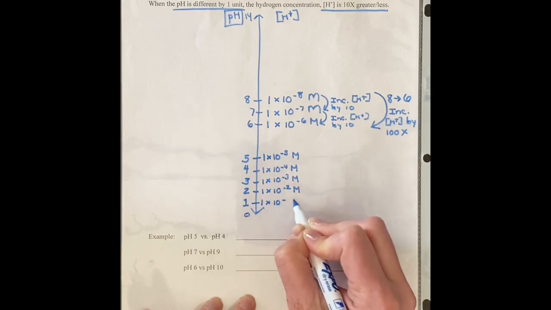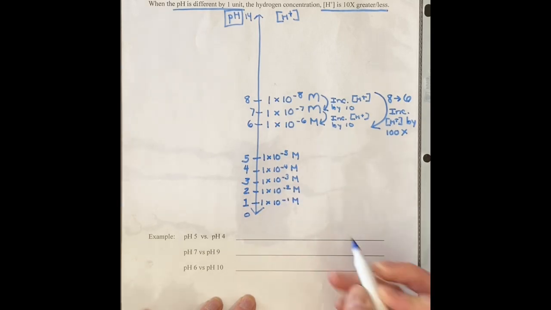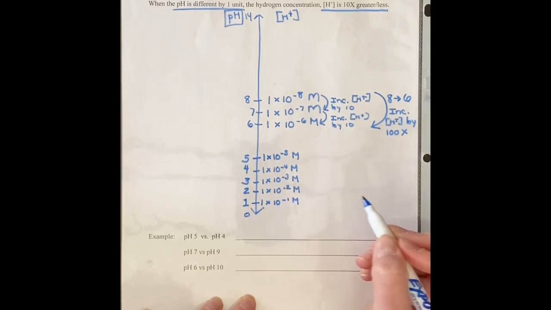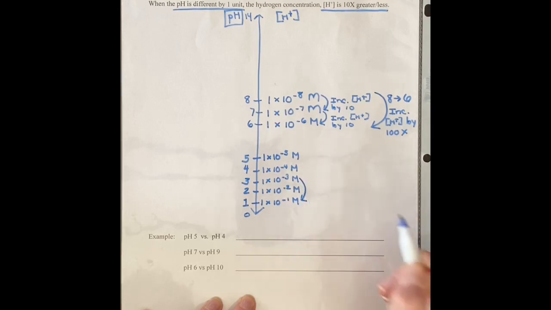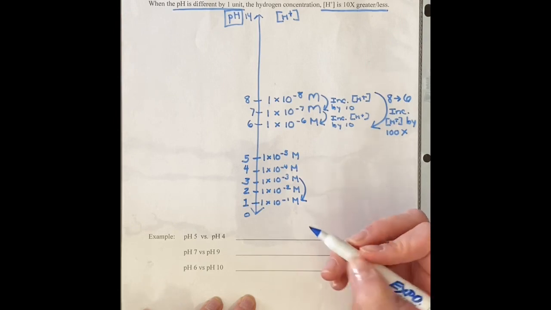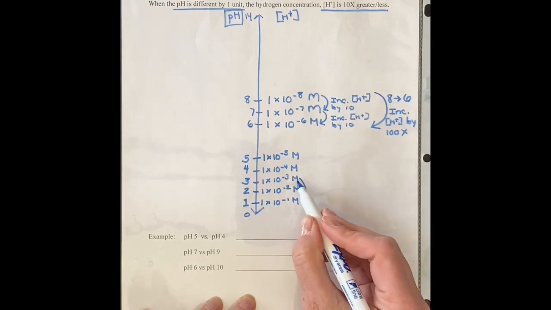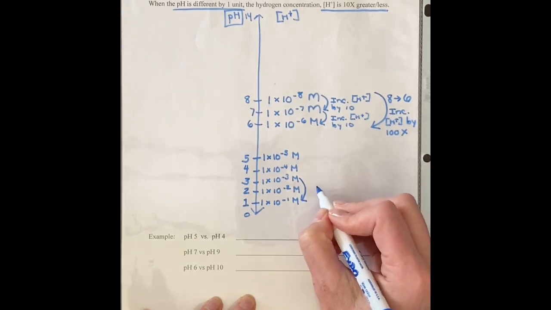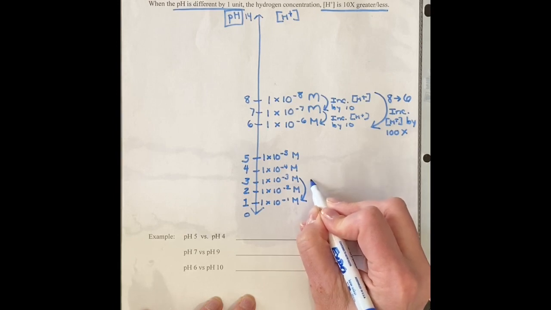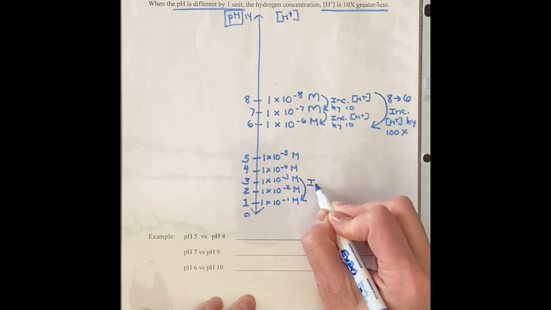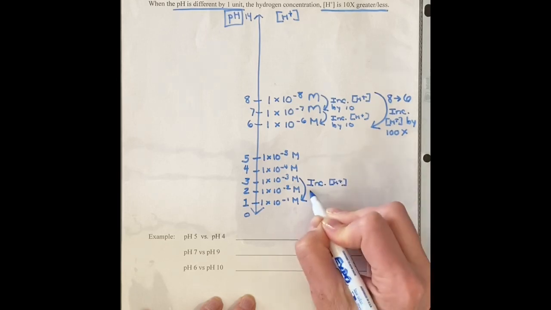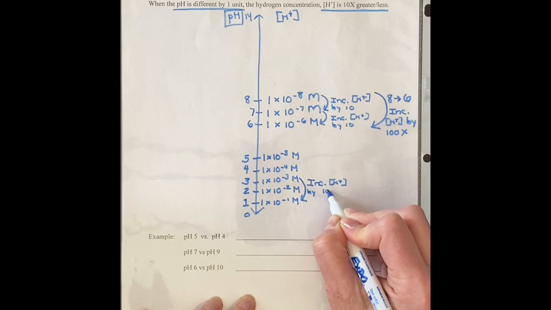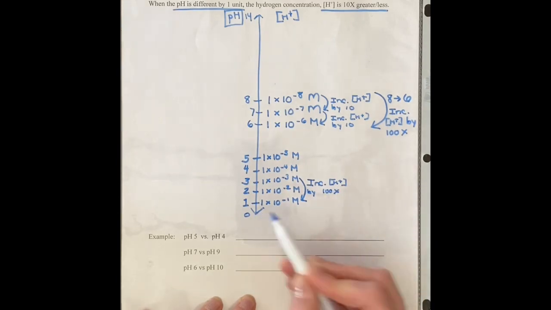And I just want to show you the greater jumps here. So let's just say I did a simple jump from 3 to 1. I took something and I made it more acidic, and its pH changed from 3 to 1. Well, you would say that there was an increase of the H plus concentration by 100 times, or that a pH of 1 has 100 times more hydrogen than the 3.